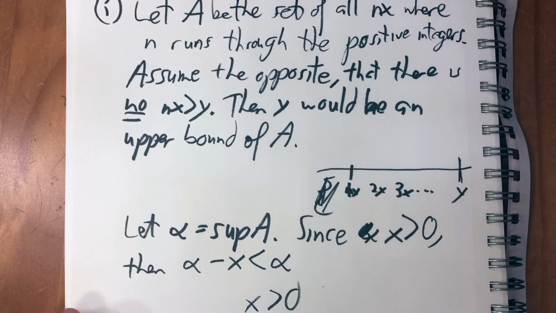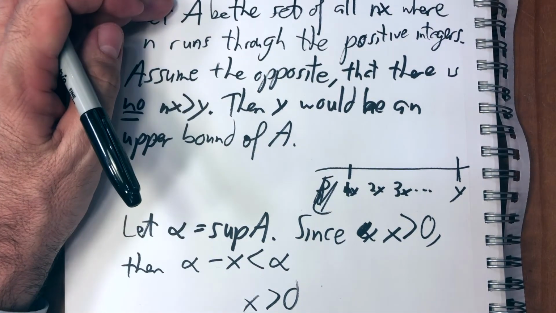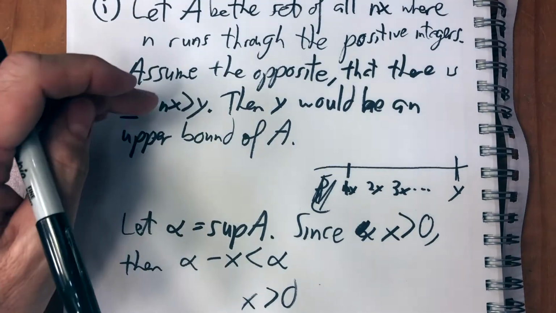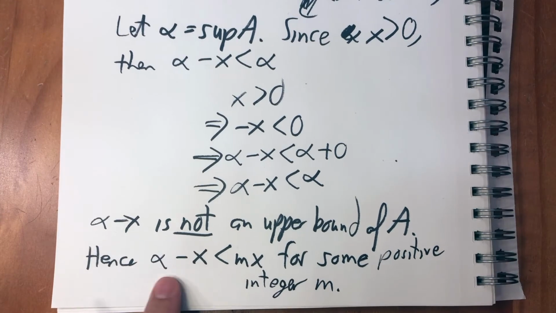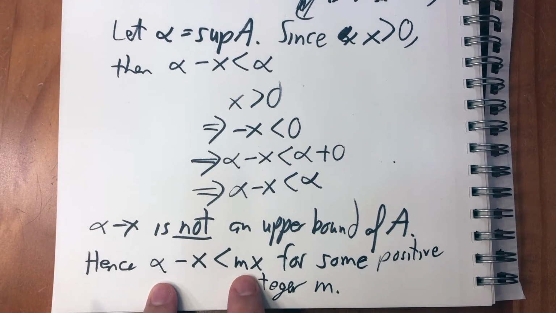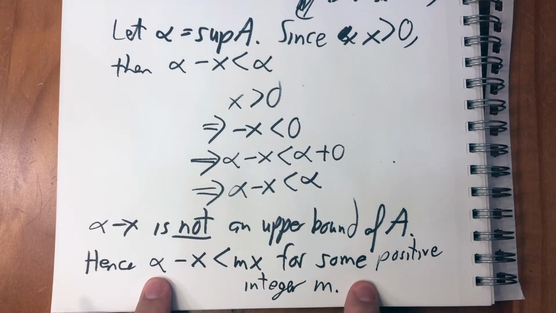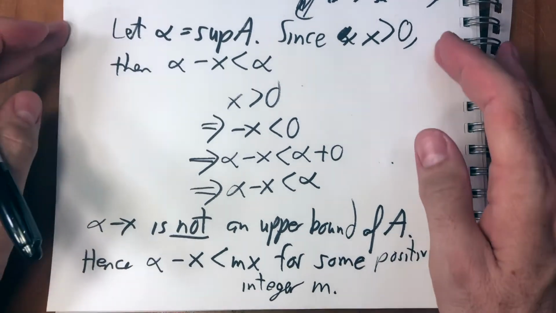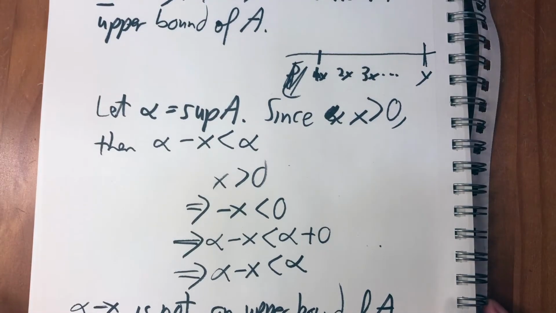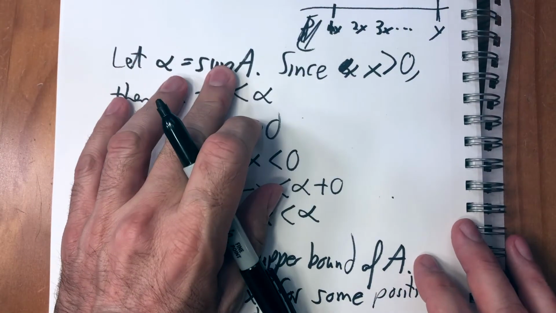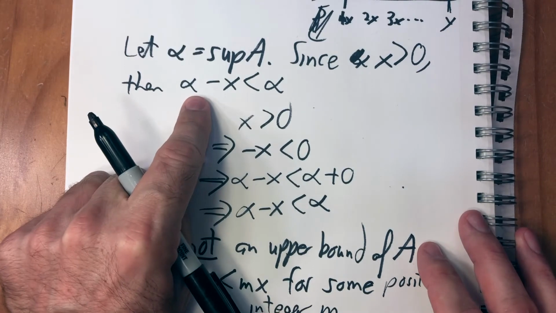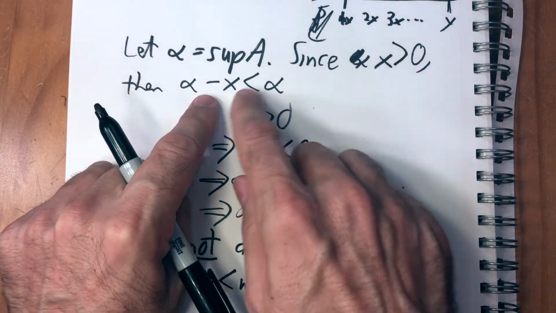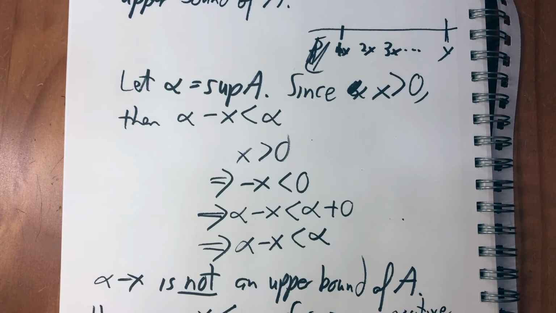That's our definition of A, the set of all integers times x. So if this is not an upper bound, there must be some element of A that's bigger than that one. All of this is using the least upper bound. This is how you use it, because we know that alpha is the least upper bound here, so anything less than alpha can't be an upper bound. That means there has to be some element of A that's bigger than it. That's where we are now.